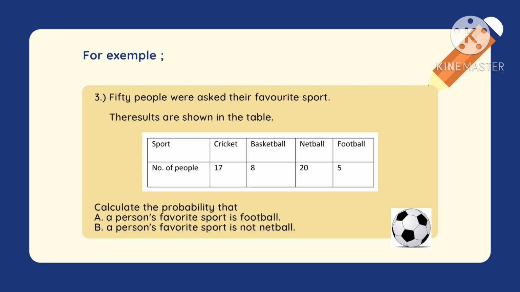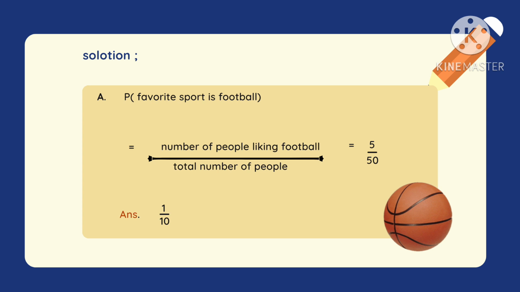Let's go to the next example. For example 3, 50 people were asked their favorite sport. The results are shown in the table. Calculate the probability that A, a person's favorite sport is football, and B, a person's favorite sport is not netball. Solution. A. Probability that the favorite sport is football.